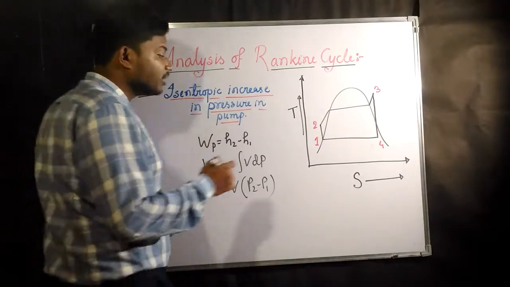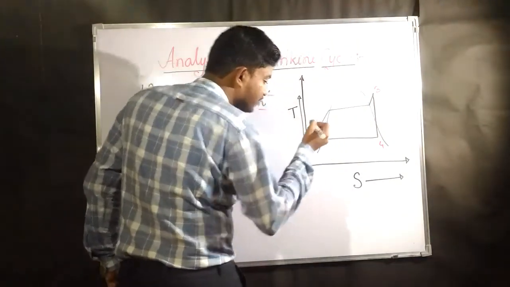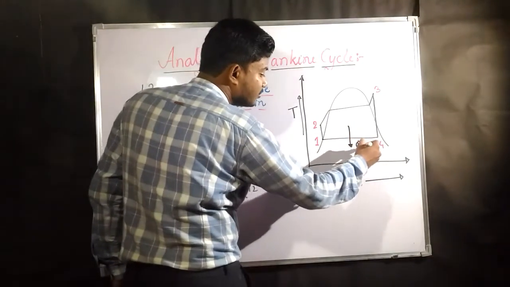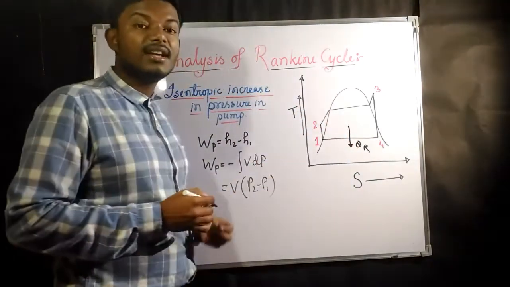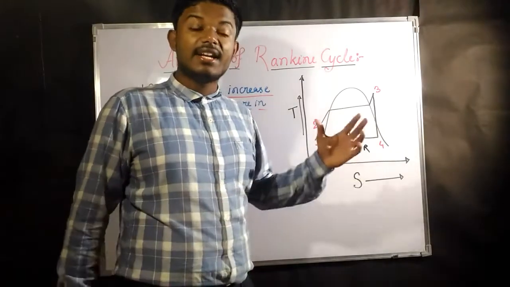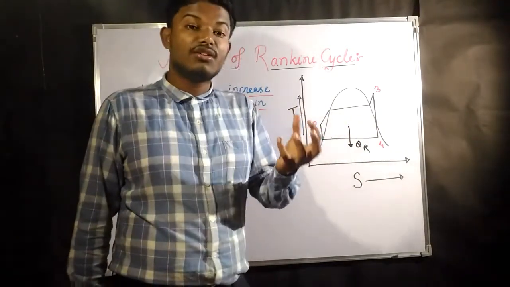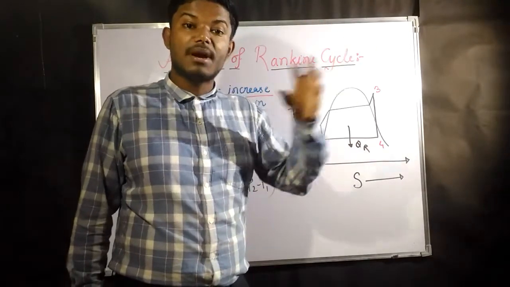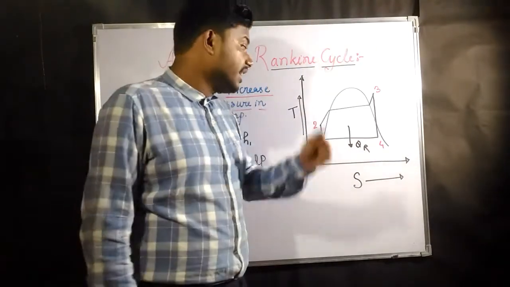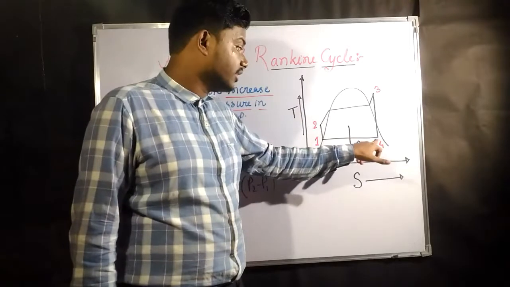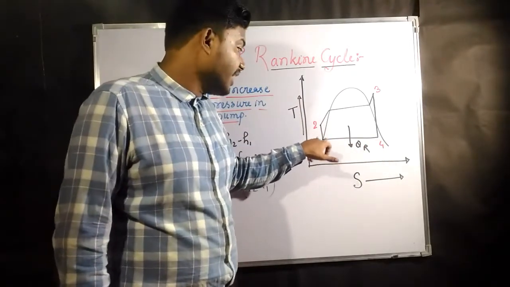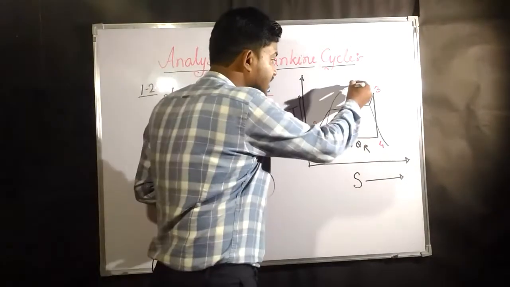Why? Because compression starts from here, and this is nothing but the rejection process, and it is going to take place in the condenser. And what is the work of a condenser? It converts the steam part into completely liquid. As we have known, the exit point of the condenser is at the saturated liquid line.